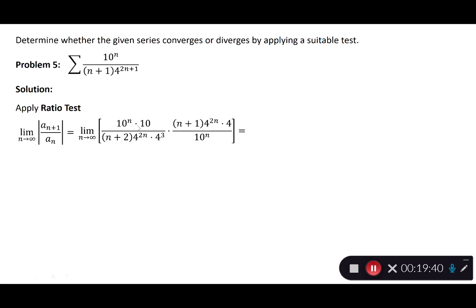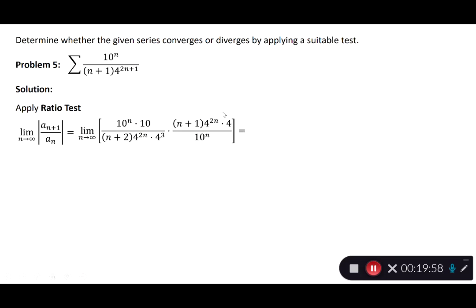Cool? All right, and instead of dividing by a sub n, I multiplied by the reciprocal. So n plus 1 times 4 to the 2n times 4 over 10 to the n. The 10 to the n's cancel.